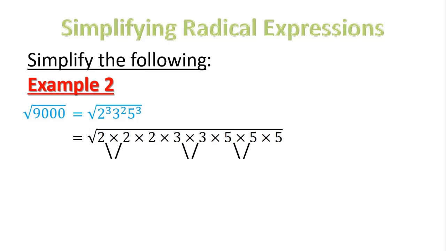Let's carry on. That equals my first pair of 2's times then my pair of 3's times my pair of 5's, and then we've got a 5 left by itself.